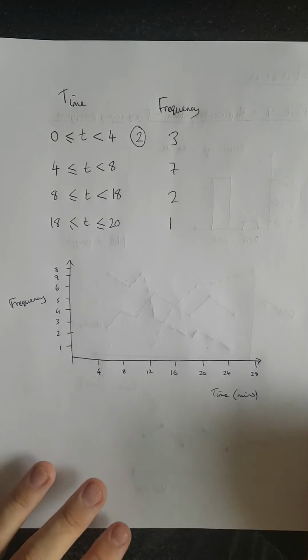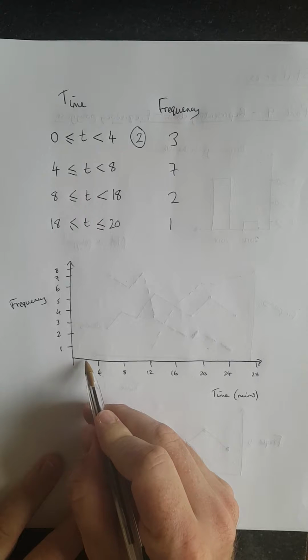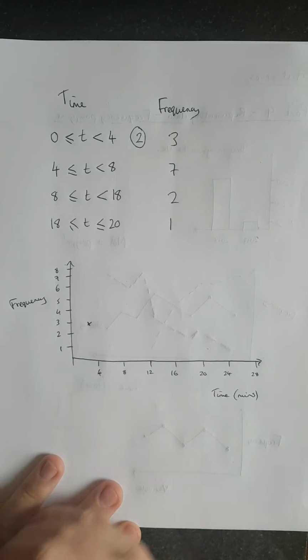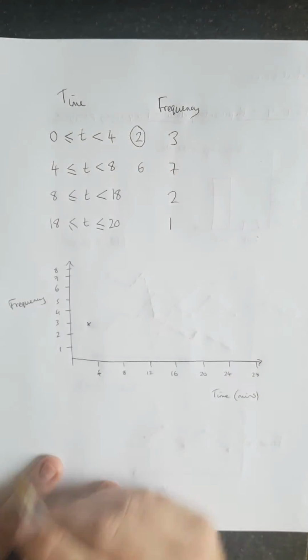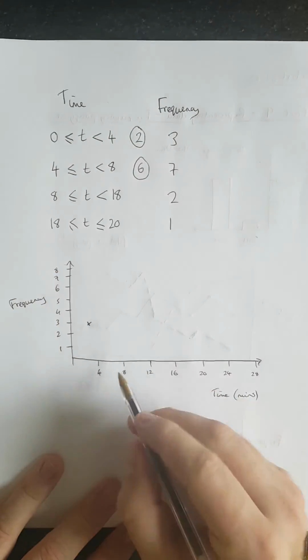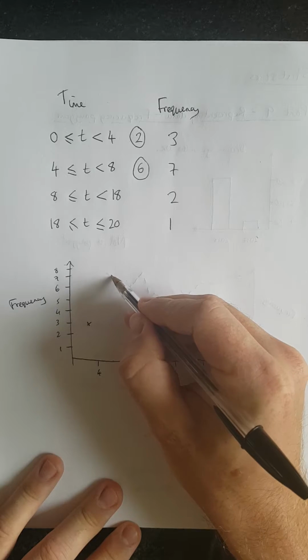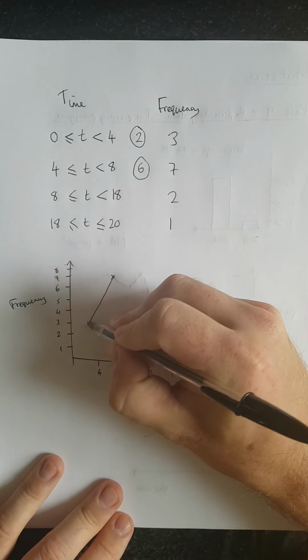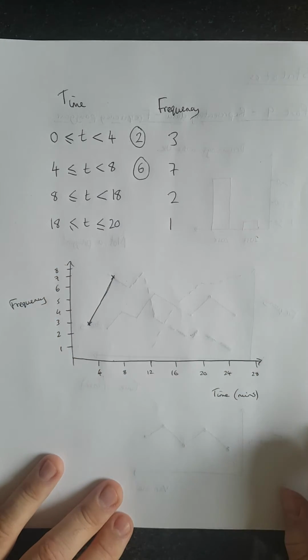So, that's the midpoint. So we go to the midpoint of the interval and plot. The midpoint of the next one is 6. So we go to 6 and go up to a frequency of 7 and plot. And then we connect those points with a straight line with a ruler.